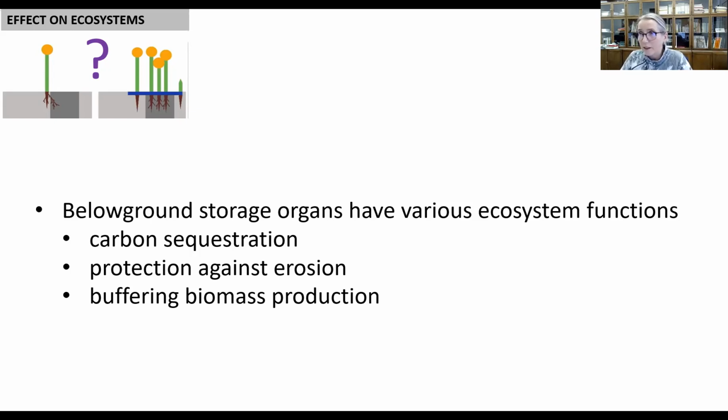As I said, the 30% of plant biomass may be in rhizomes. Protection against erosion, because this rhizome net may keep the soil on the site. And of course, buffering biomass production with the help of bud bank.